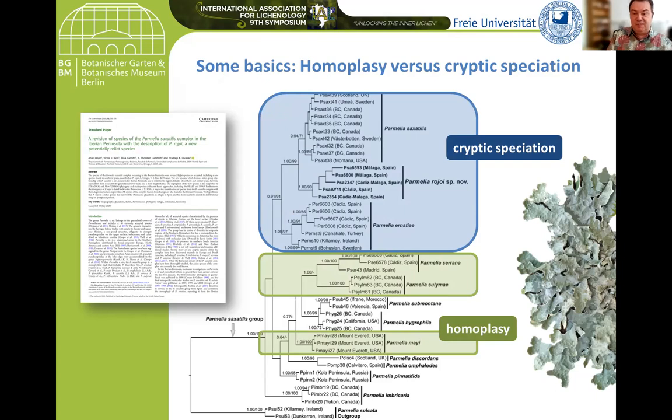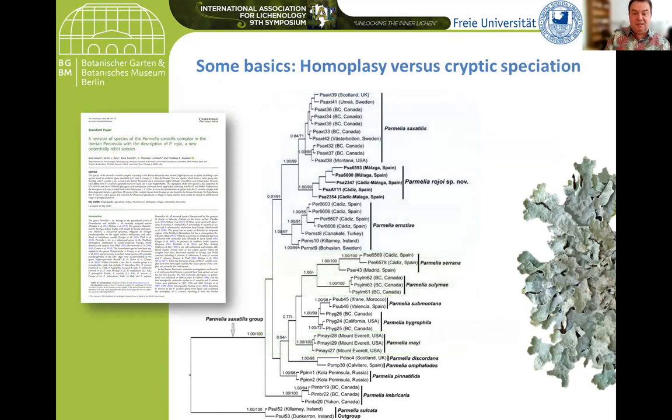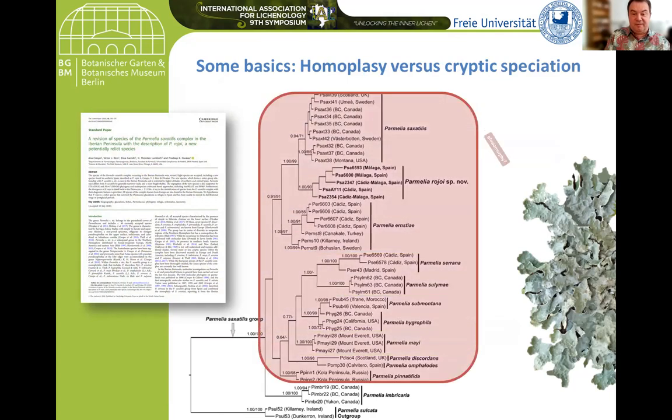It's not cryptic speciation. But in this case, we could also assume the whole thing is plesiomorphic. So it's really important that the evolutionary context is known before you talk about if something is cryptic speciation, if it's homoplasy or plesiomorphy, and that helps to assess the taxonomy of a group.